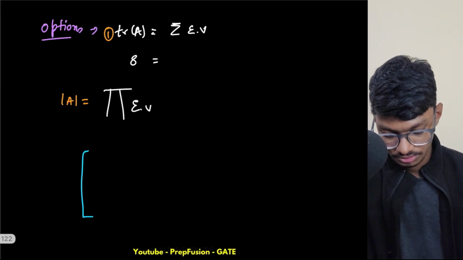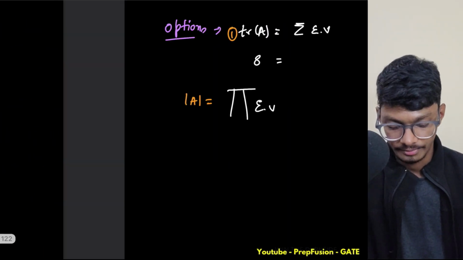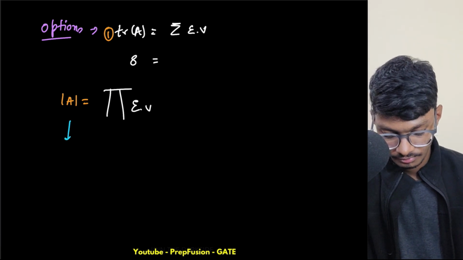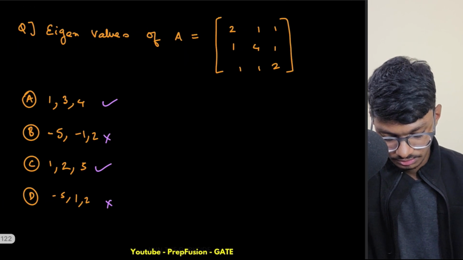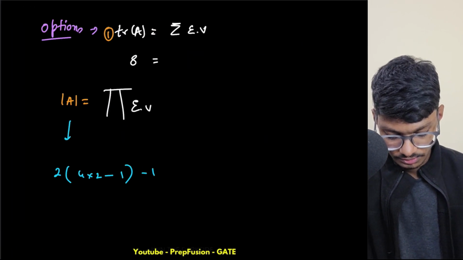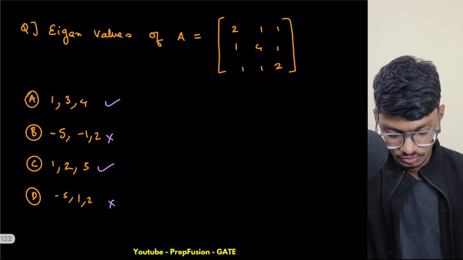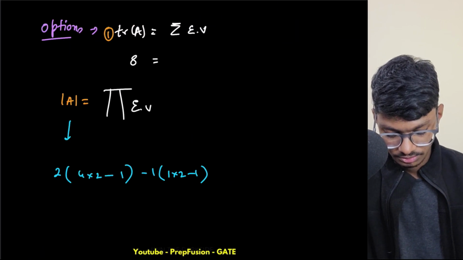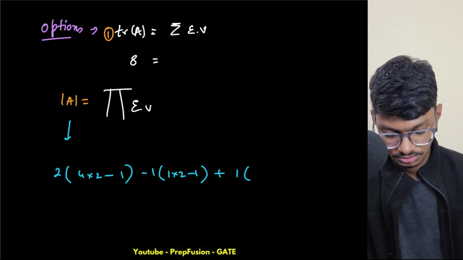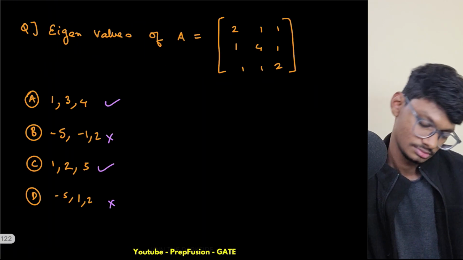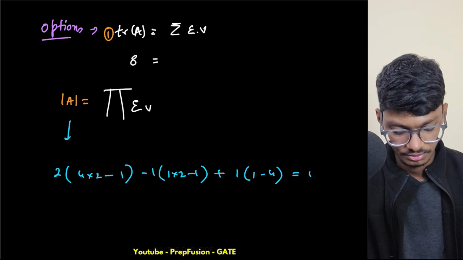I'm directly computing it: 2 times (4 times 2 minus 1), then minus 1 times (1 times 2 minus 1), then 1 times minus 4, equals my determinant of A.